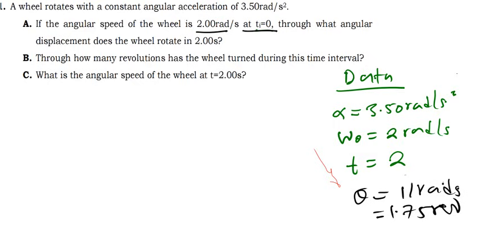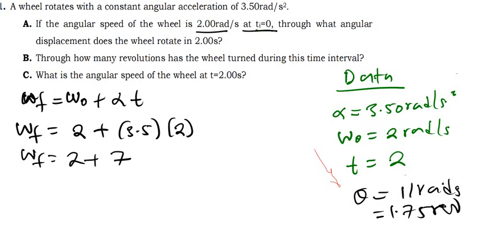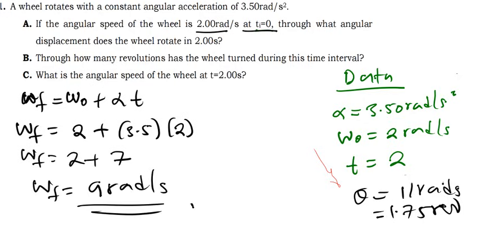Now they're asking us to find the final. So the final will be given by this formula. The initial is 2 plus alpha, which is 3.5, times t, which is 2. So 2 plus 7. The final becomes 9 rad per second. That's the answer.